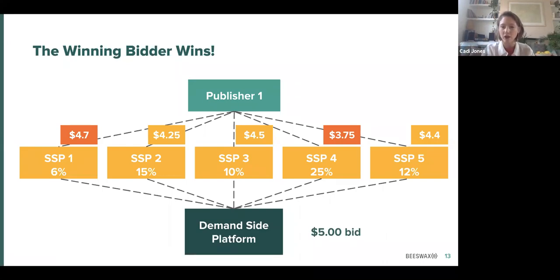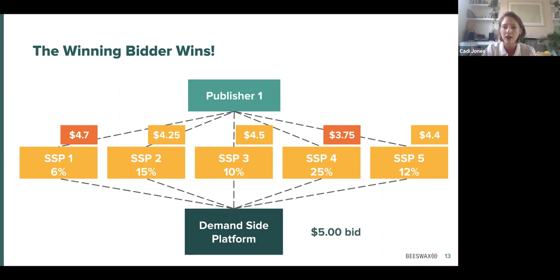But each of those SSPs will have a different commercial agreement with the publisher. Each publisher gets to negotiate their own terms with the company that represents them in market. And given that most publishers want their SSP partners to compete on net revenue rather than gross revenue, which means the amount once their fees are removed rather than the actual bid that the DSP is submitting, the bids they're comparing will take into account those SSP fees.